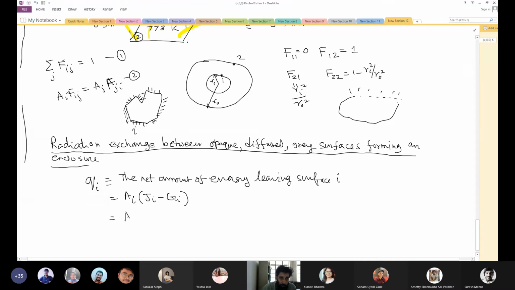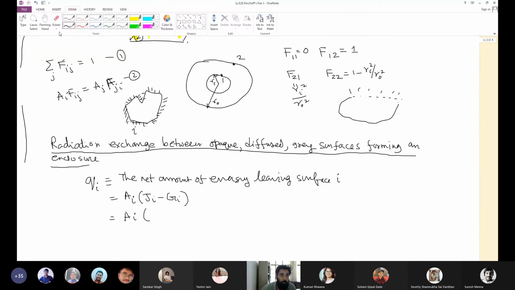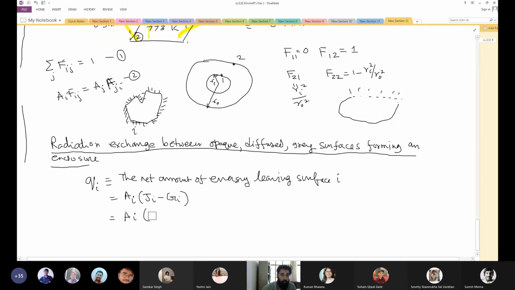Let us first write this clearly for Gi. We'll try to substitute Gi in terms of known variables so that we get rid of at least one of the unknowns. Right now this equation has three unknowns: Qi, Ji, and Gi.